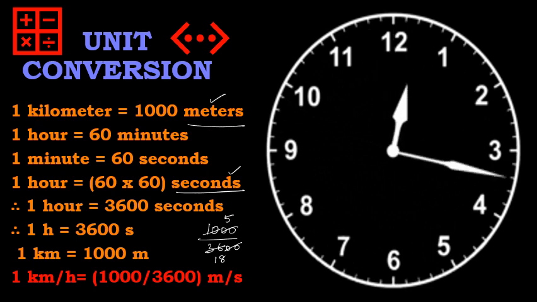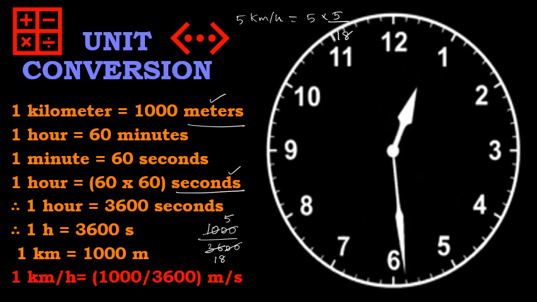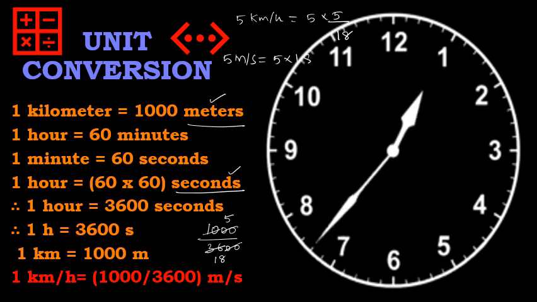So if you have a value like 5 kilometer per hour and want to convert it into meter per second, you multiply it by 5 by 18. At the same time, if it is given as 5 meter per second, then while converting you take it as 5 into 18 by 5 kilometer per hour. This is one thing you need to remember.